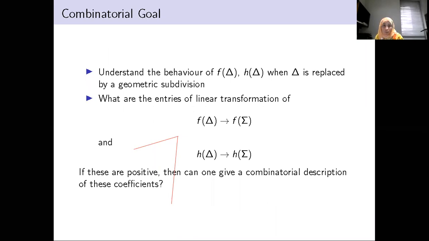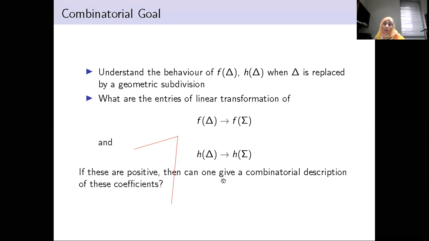Okay, so let's move on. What is our goal here? Our goal is to study the behavior of the f vector and the h vector if we replace this delta by the geometric subdivision. So we are interested to ask: what is the linear transformation from the face vector to this one? And similarly the question for the h vector. One can also ask whether this linear transformation consists of positive integers, and what we can say about those positive integers.